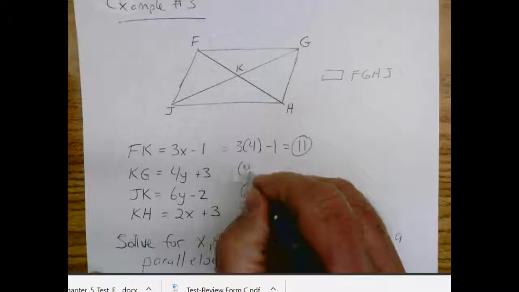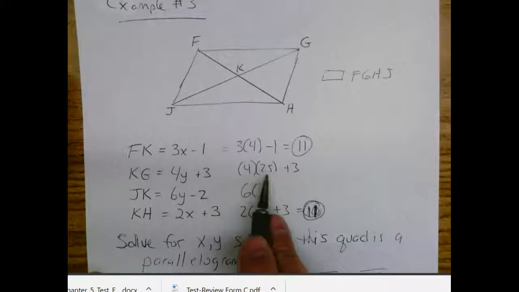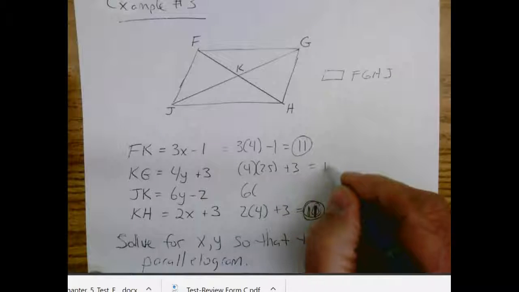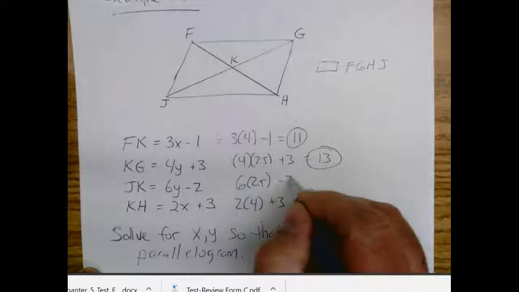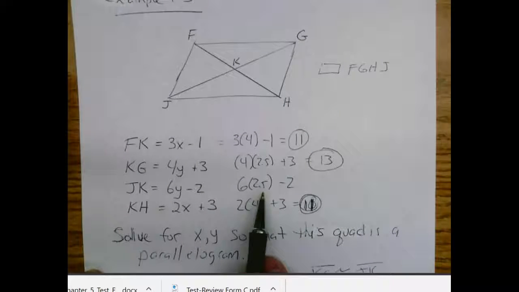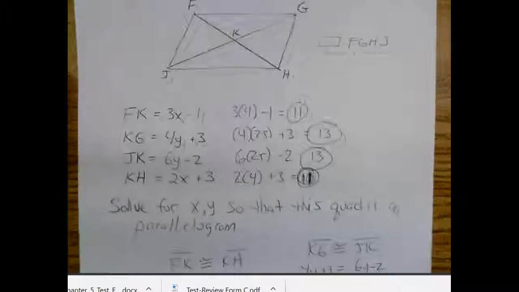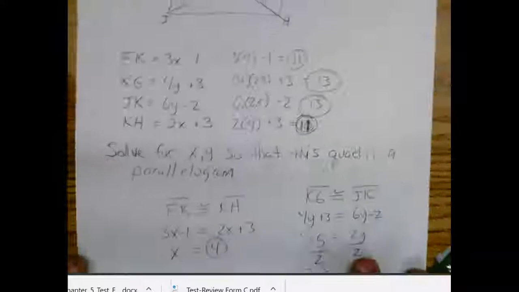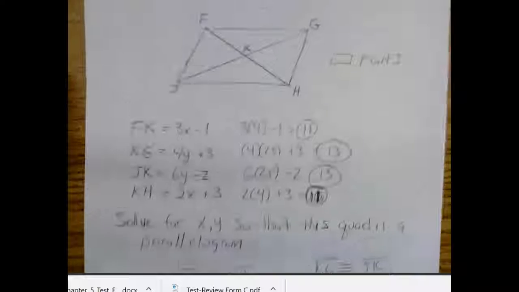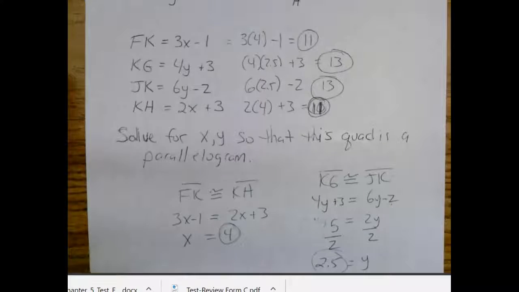So 4 times 2.5 plus 3, that's 10 plus 3, it's 13. And then we'll have the next one, 6 times 2.5 minus 2. 6 times 2.5 is 15, minus 2 is 13. So these sections are equal to each other. So we've proven that it's a parallelogram, because we're making them equal to each other. And that's kind of how you solve those.